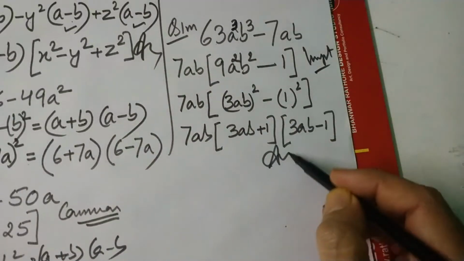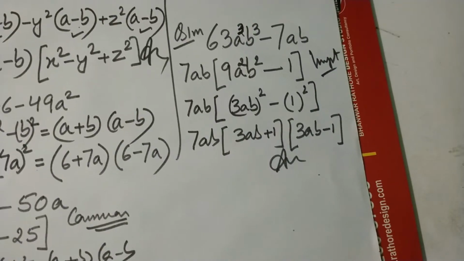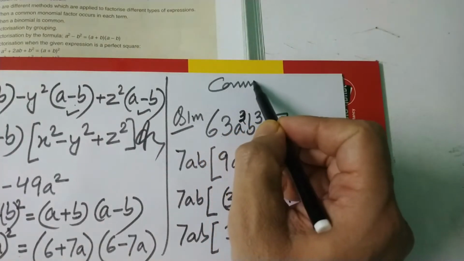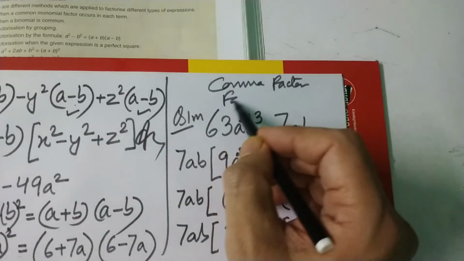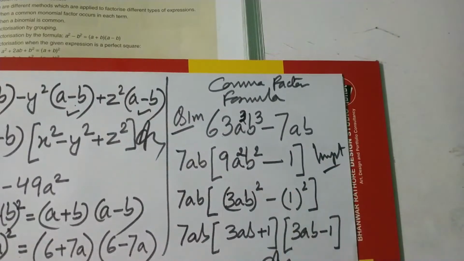So this is your answer. In this we first took the common factor, two steps here, and then we used the formula: a common factor and a formula.